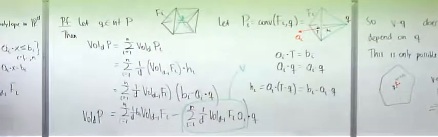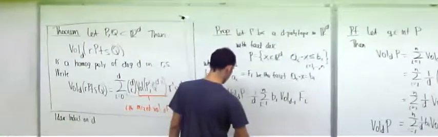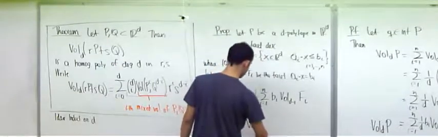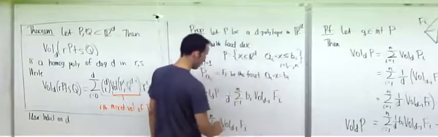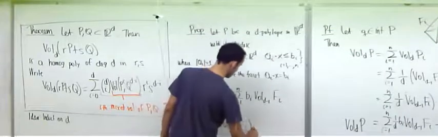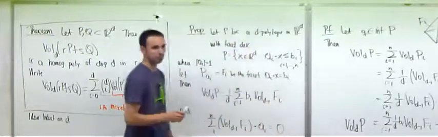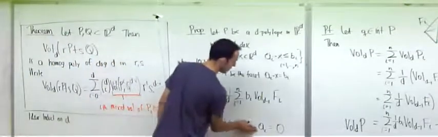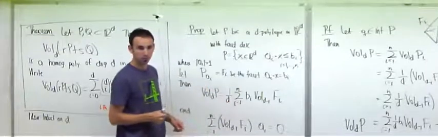So my second statement is that the summation from i equals 1 to n of the d-dimensional volume of Fi times Ai equals 0. No, this is not dot, because this is a volume, it's a number. Right?